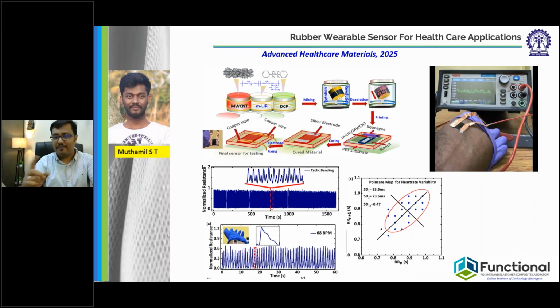So in none of the cases, even though this is a healthcare material, is the sensor, the rubberized nanocomposite we are developing, in direct contact with the human. So you do not really need to take permission or clearances for this material, because it is in non-contact mode. Basically, you are getting all this information.